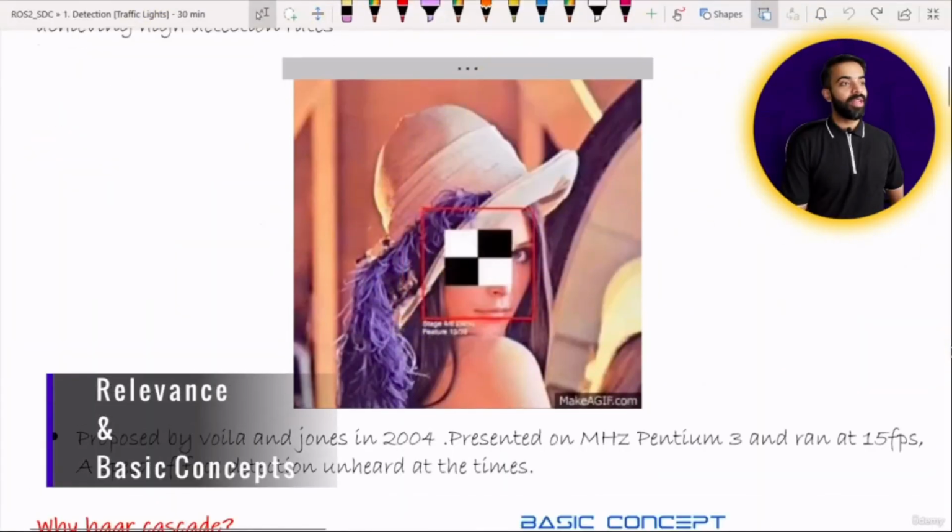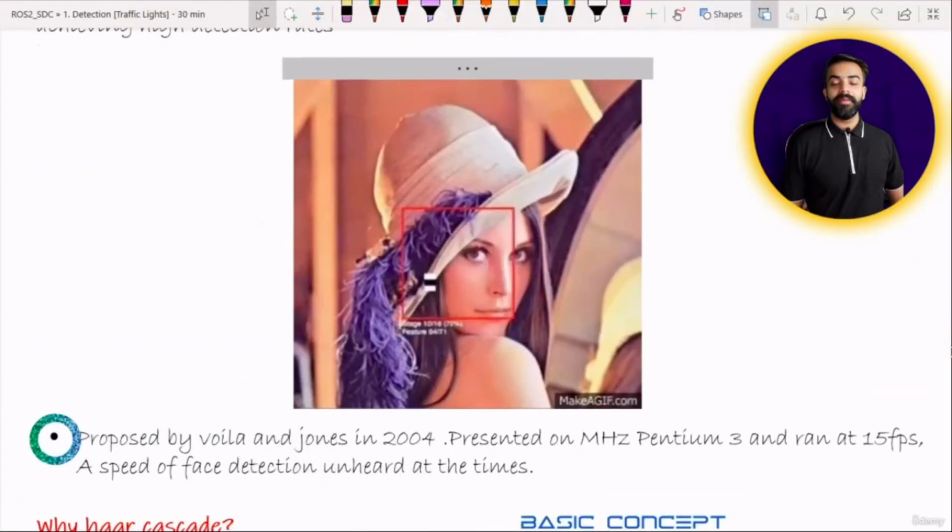It was first proposed by Viola and Jones in 2004 on a relatively weaker platform such as a Pentium 3 and still ran on an astounding 15 frames per second. Such speed, while still maintaining accuracy, was unheard of at the time.